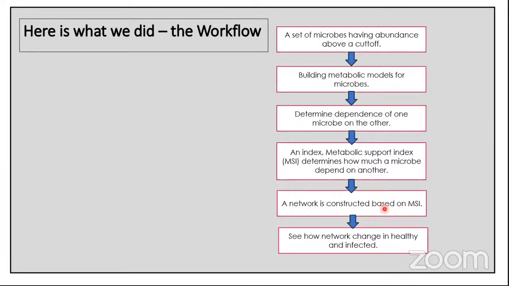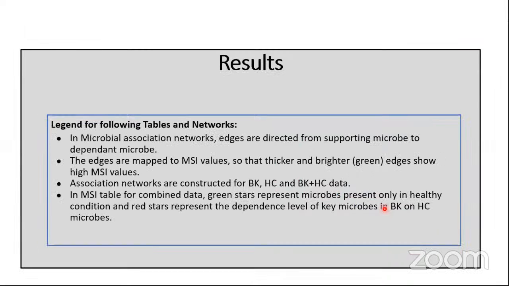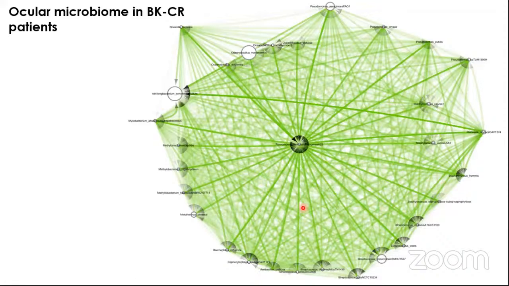So we'll now see how the network looks. I will explain the legend along with the network. This is basically how an MSI pairwise network looks. This is an ocular microbiome network of BKCR patients.